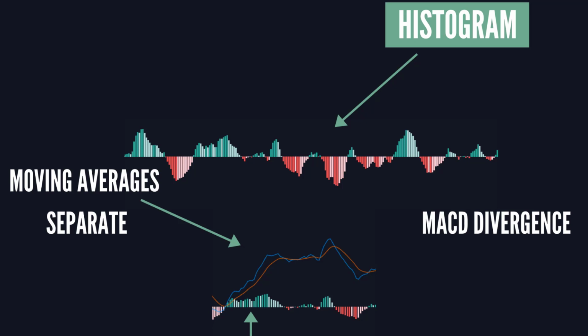This is called a MACD divergence because the faster moving average is diverging or moving away from the slower moving average. As the moving averages get closer to each other, the histogram gets smaller. This is called convergence because the faster moving average is converging or getting closer to the slower moving average. That's why the name moving average convergence divergence.